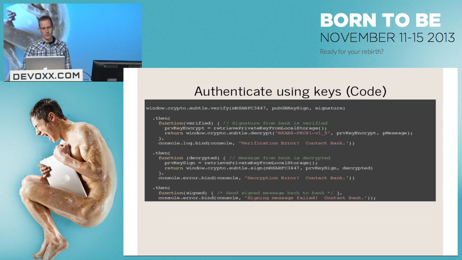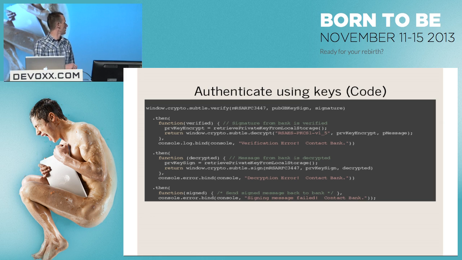If we decrypted the message, then we can sign the message with our private key, so the bank afterwards can be sure that it's John trying to make a connection with the bank. Again, we retrieve our private key. We use the sign operation.